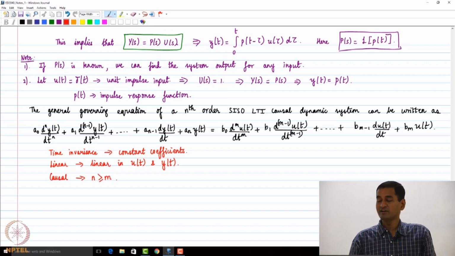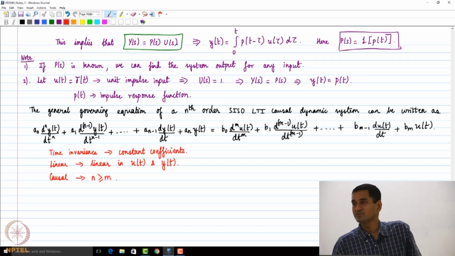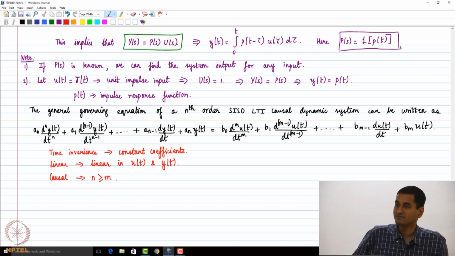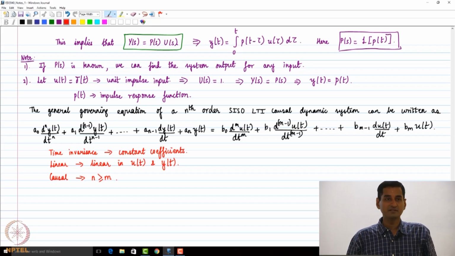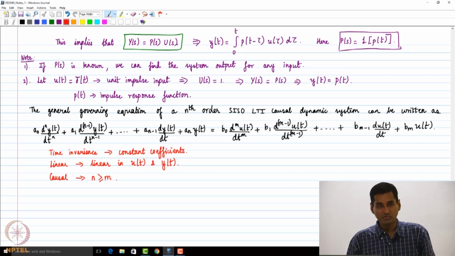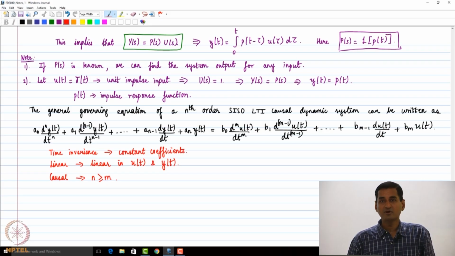Here n is the order of the highest derivative of y(t), and m is the order of the highest derivative of the input u(t). When n is greater than m, or at the worst equal to m, you have a causal system.